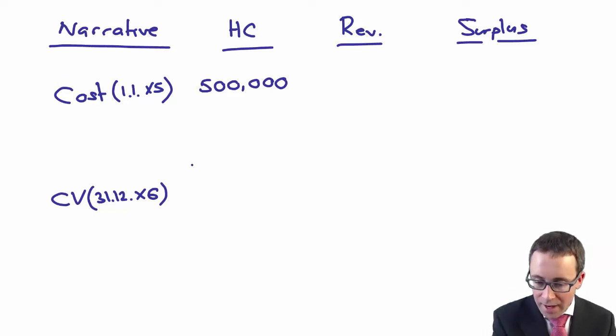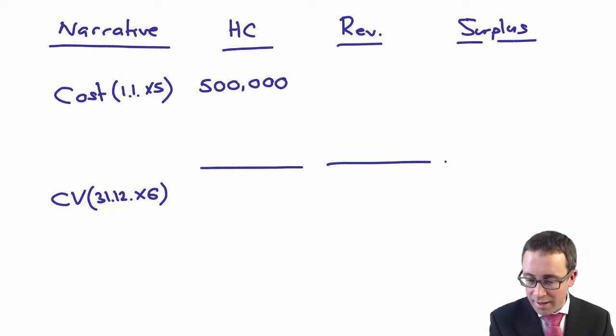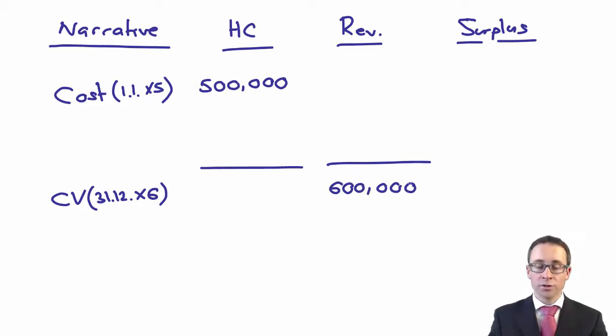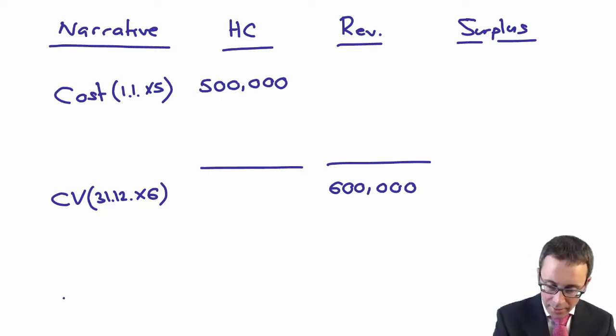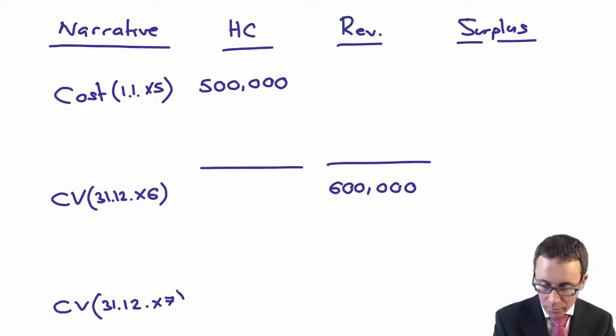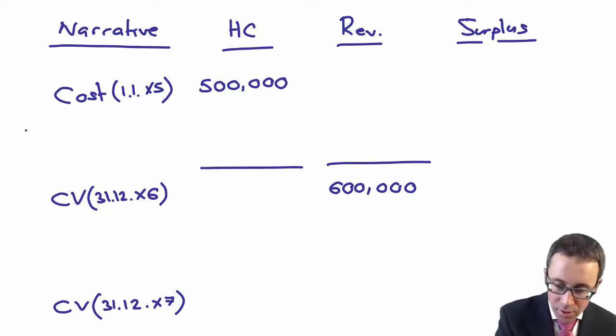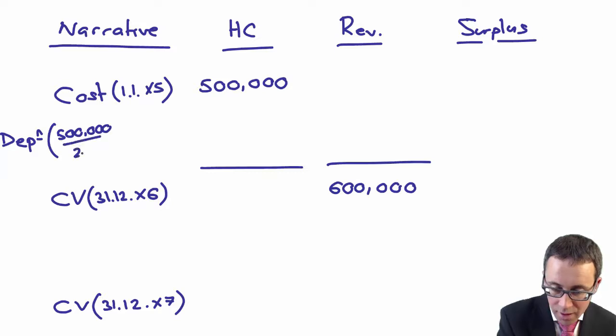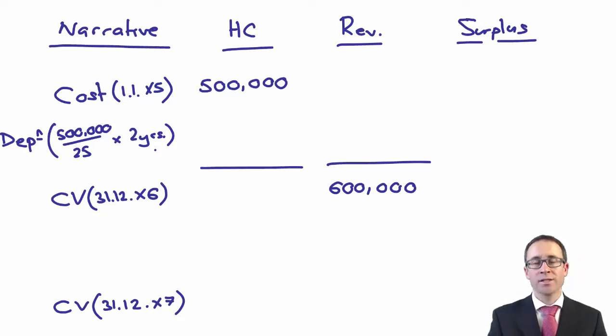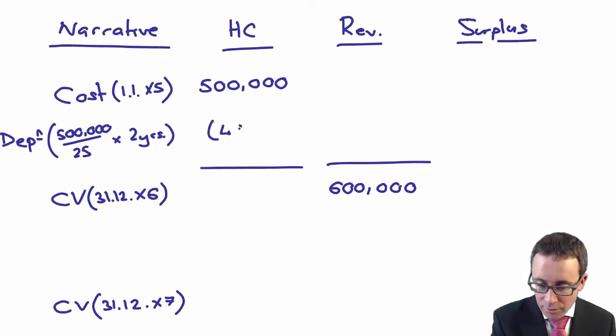The reason we need the carrying value at X6 is because we then need to revalue it to its fair value of 600, and then work out how it's accounted for up until the end of the current year, which is X7. Key bit: to work out my depreciation, it's 2 years. So it's the 500,000 divided by 25 multiplied by 2 years. So it was 20,000 for 1, 40,000 for 2.